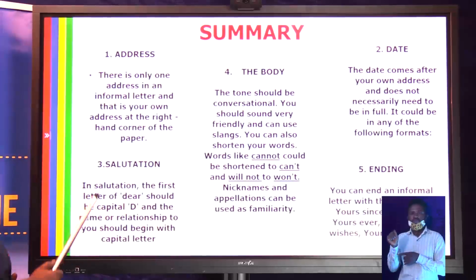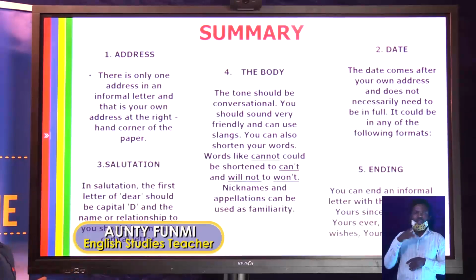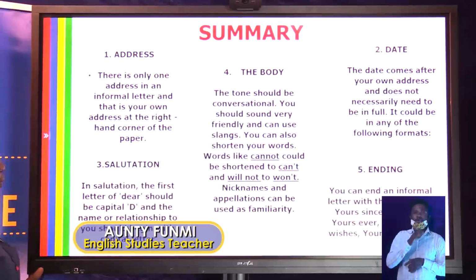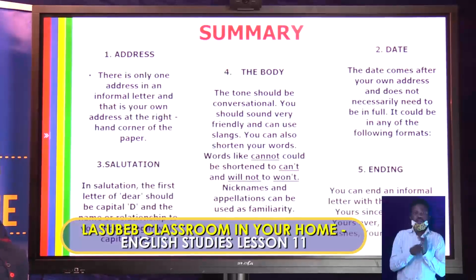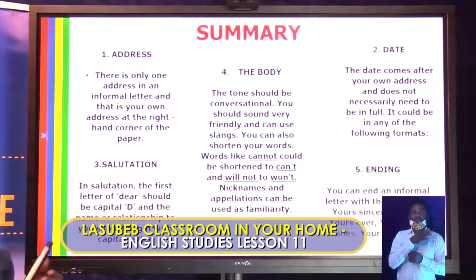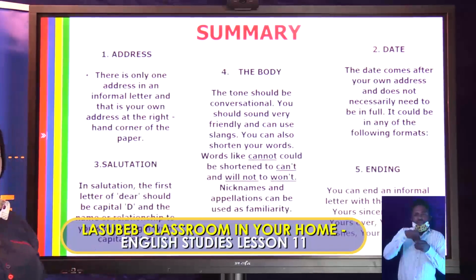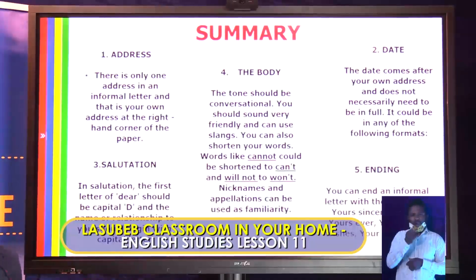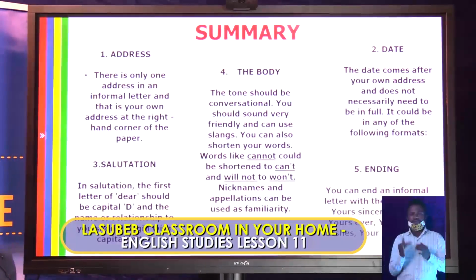After that, salutation. The first word, dear, should begin with capital letter D, and the name with a capital letter, followed by the body, in which we said the tone should be friendly, it should be conversational. You can abbreviate, you can use your nicknames.